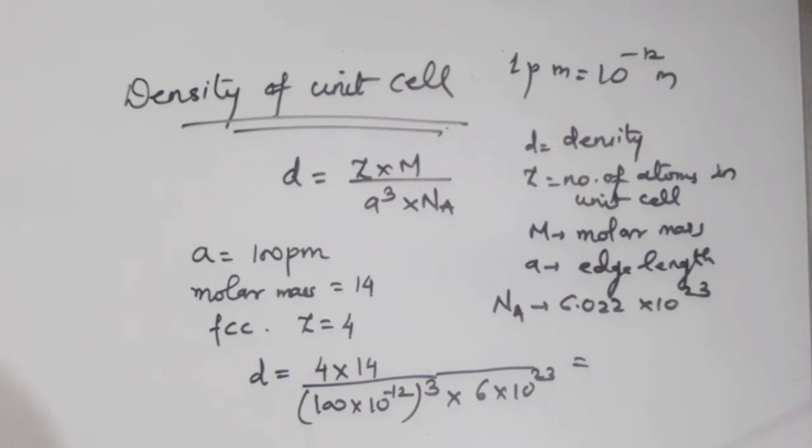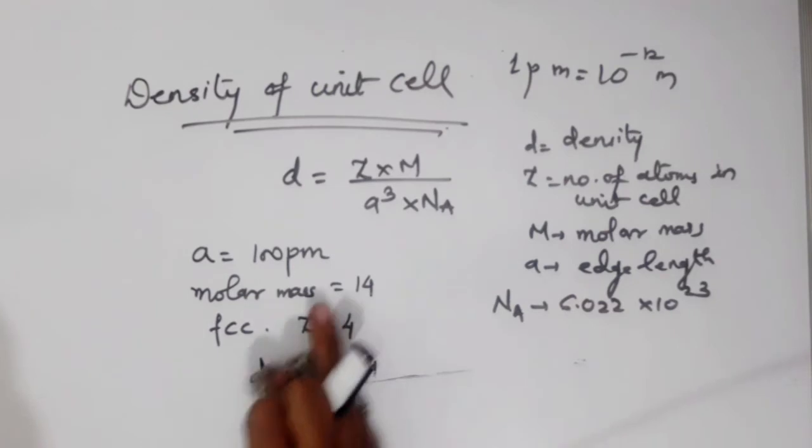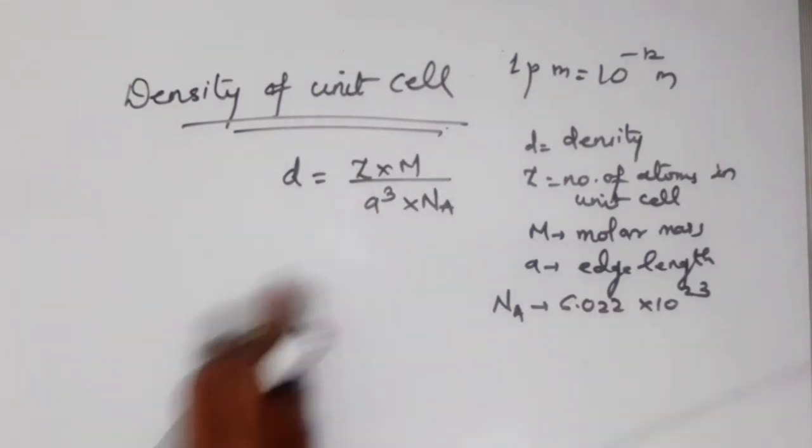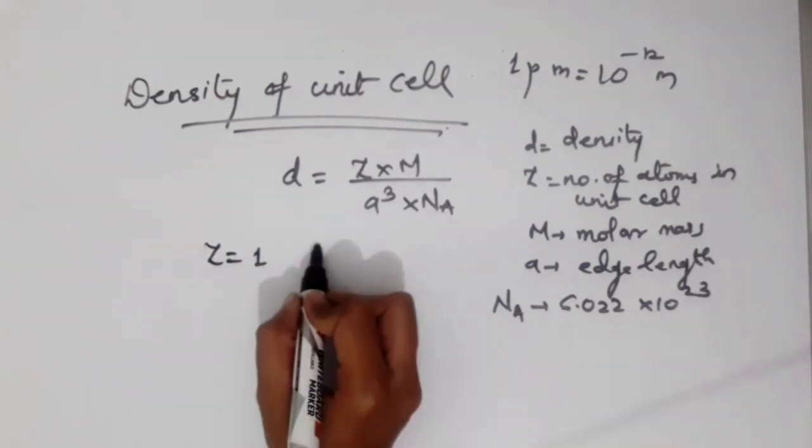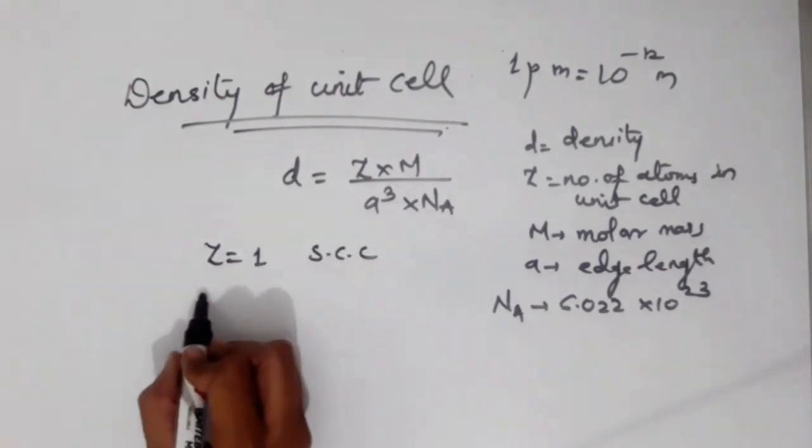One more question they can ask from density is how to determine the type of crystal cell that is present in the element. They will give you density, molar mass, and the value of a, and you will have to calculate the value of Z. If Z comes out to be 1, then it is simple cubic crystal.